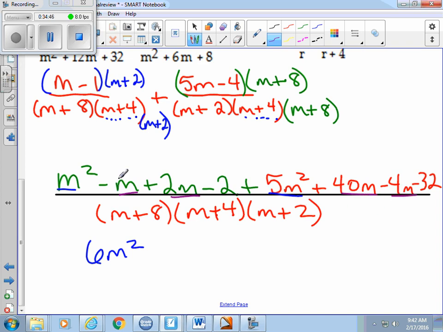I'm going to combine all of those together. So I get 37m. So 41 minus 4 is 37m. Then the last one is all the constants. The 2 and the negative 32. Negative 2 and negative 32 makes negative 34.